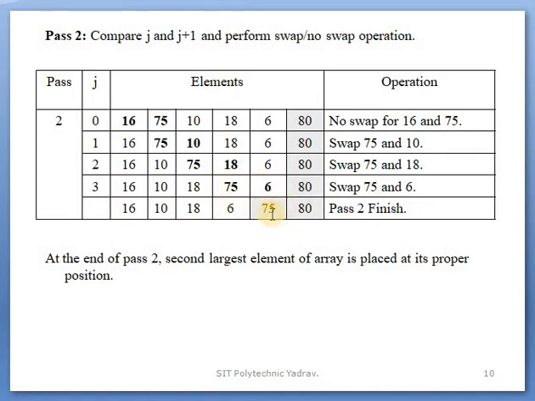After that, the second position, the n minus 2 position, is fixed, meaning it is placed in its proper position, the one that holds the biggest number. Okay, this continues up to pass number 5. At the end of pass 2, the second largest element of the array is placed at its proper position. Clear that?